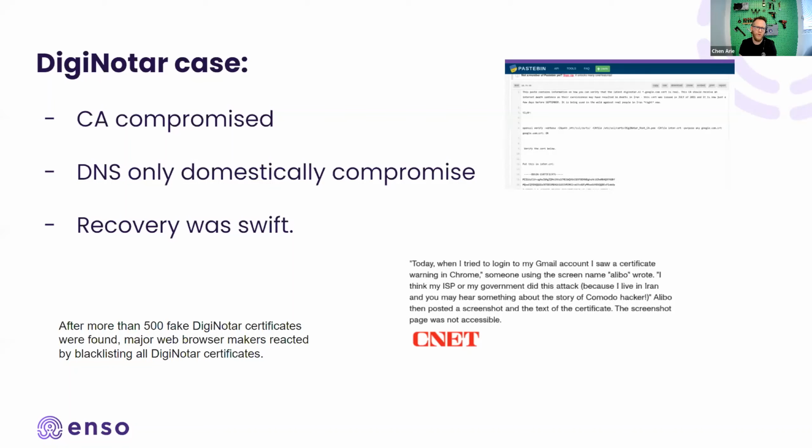But what we do know is that a Dutch CA that was fully trusted by all the browsers and all the operating systems in 2011 was fully compromised. We know this because as part of the research, someone uncovered 500 fake certificates, including wildcard certificates for Gmail and these kinds of certificates.